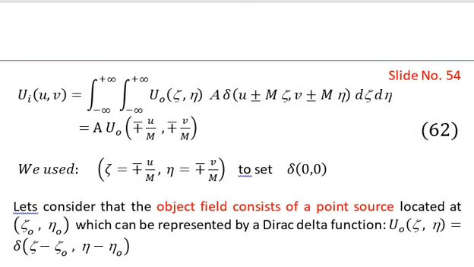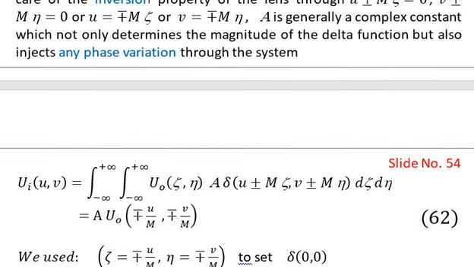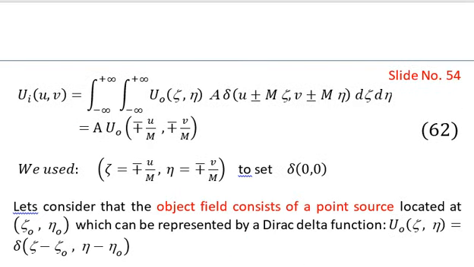So we can write, for a system having a magnification equal to m, we use the previous equation, for example equation number 60, and plug in the value of kappa, assuming that the system has m times magnification.